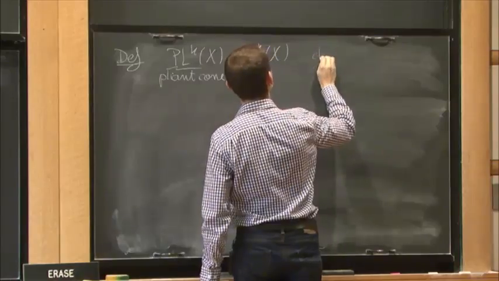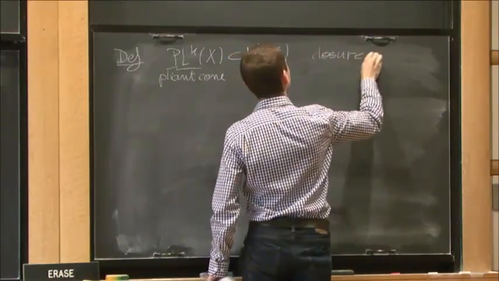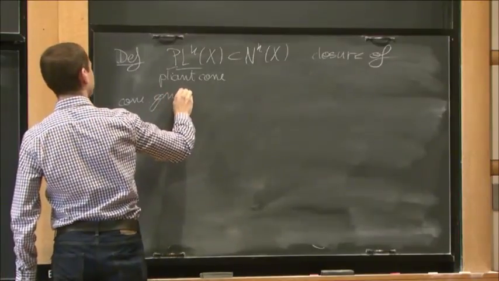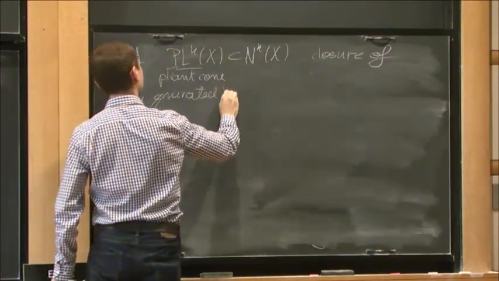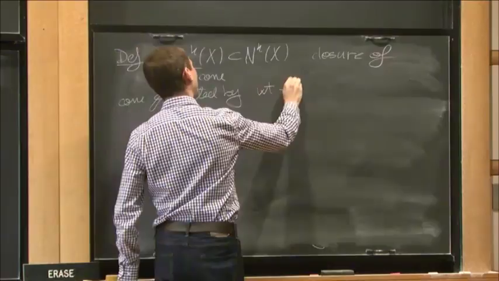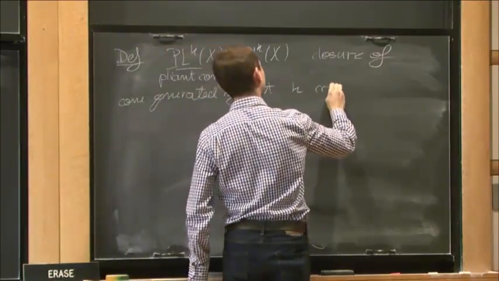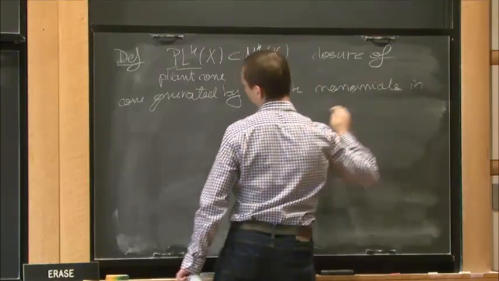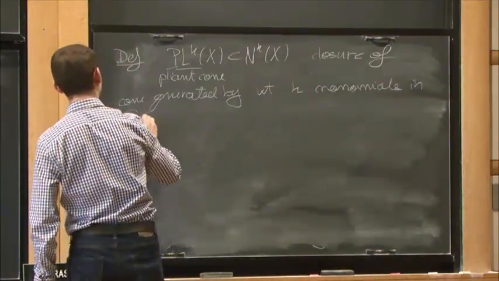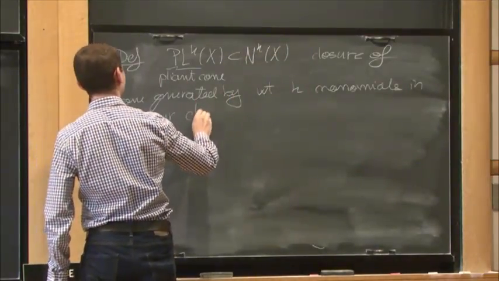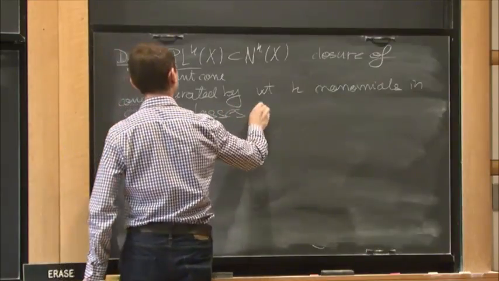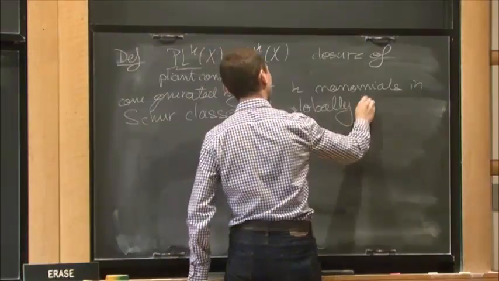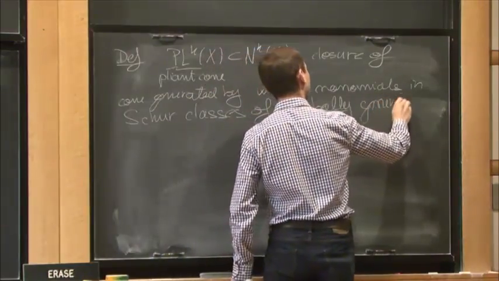This is the closure of the cone generated by weight k monomials in Schur classes of globally generated vector bundles.